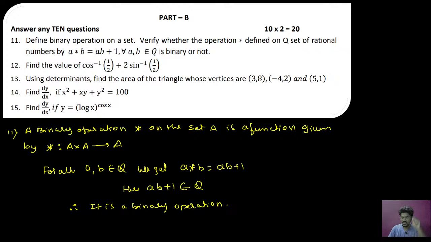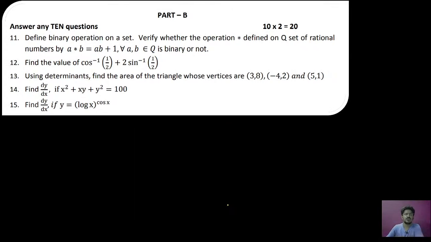Please remember, binary operation tells us that if we take two elements from a set and we do the binary operation, then after the binary operation the output must also be in the given set. So that is called a binary operation. Okay. So now we can go for problem number 12. See the problem number 12 solution.